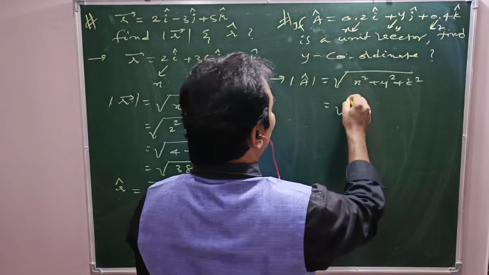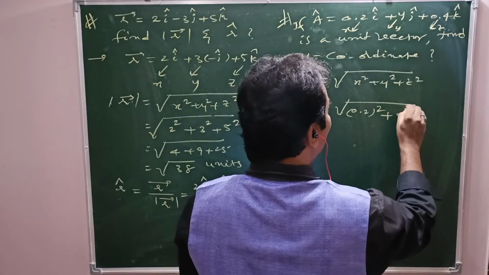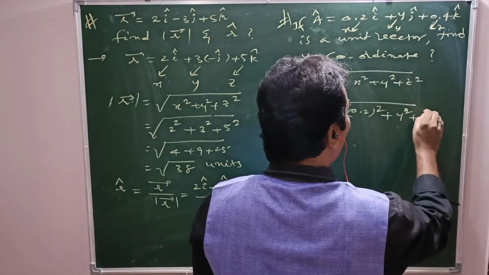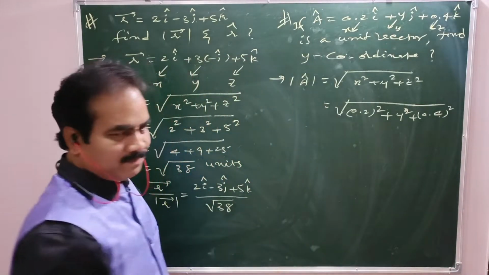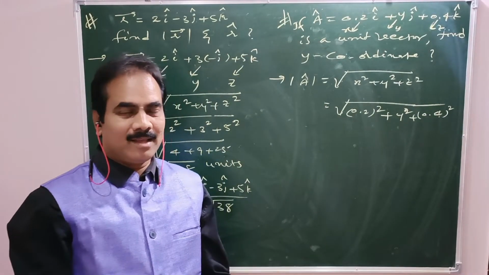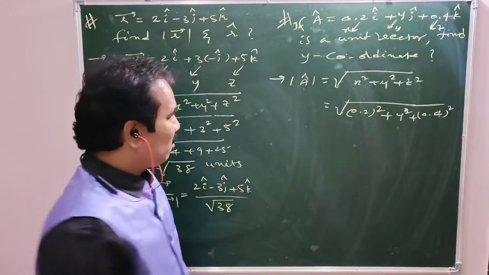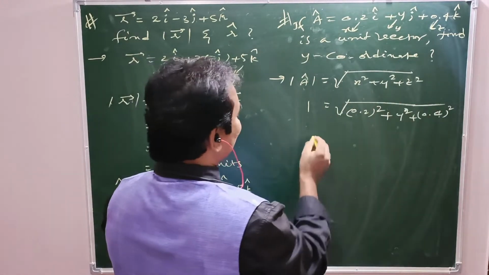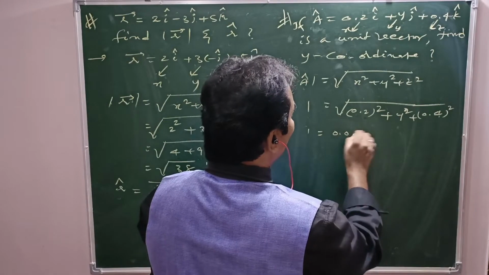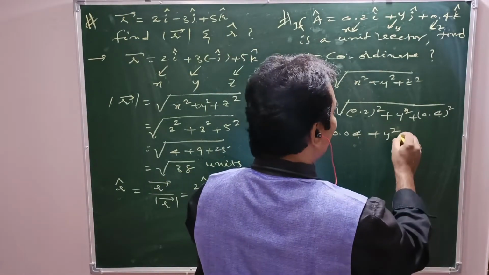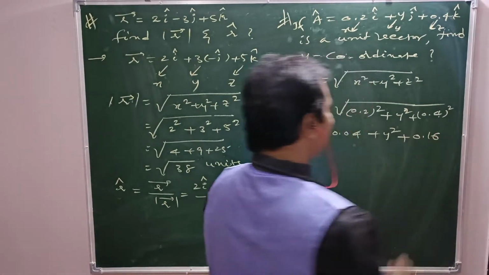So root over x square means 0.2 whole square, plus y square means y square only, plus z square means 0.4 whole square. Now what about mod a cap? From the data it is given that mod a cap is 1 unit. Why? Because that is a unit vector. So mod a cap means 1. And squaring both sides, 1 equals 0.2 whole square means 0.04, plus y square, plus 0.4 whole square, that is 0.16.